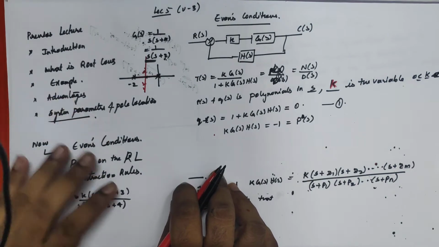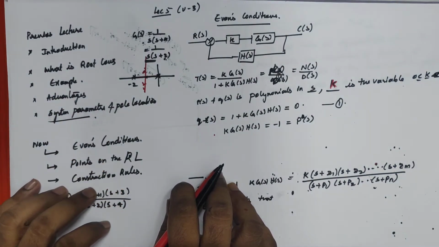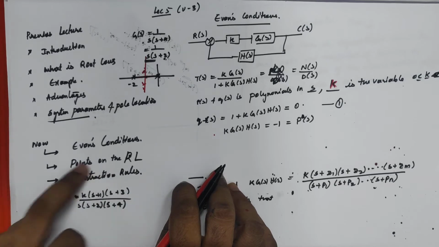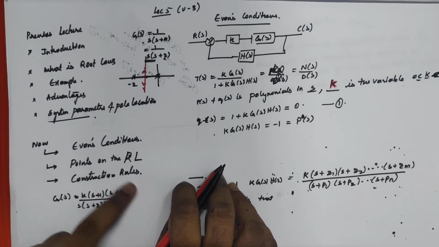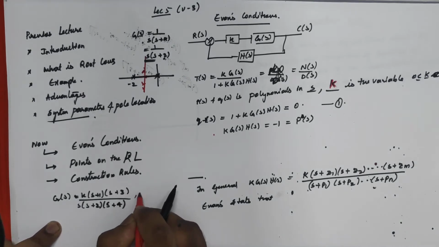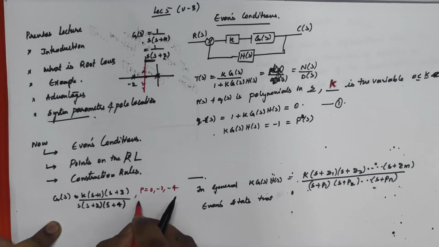Now, in this complete session you will be able to draw the root locus for this type of transfer function. My ultimate aim in this video is that, by a set of rules, we draw the root locus for a transfer function that has poles at 0, minus 2, minus 4, and zeros at minus 1, minus 3.